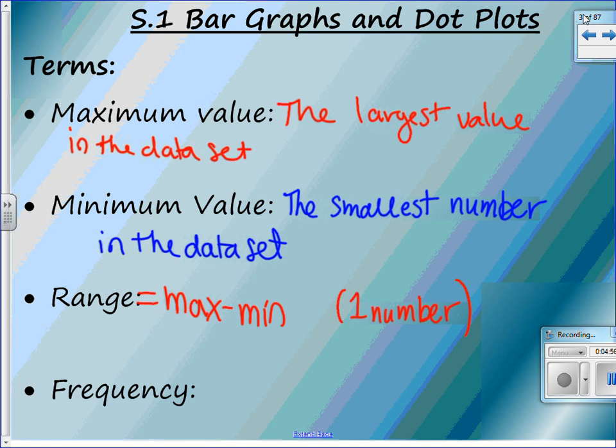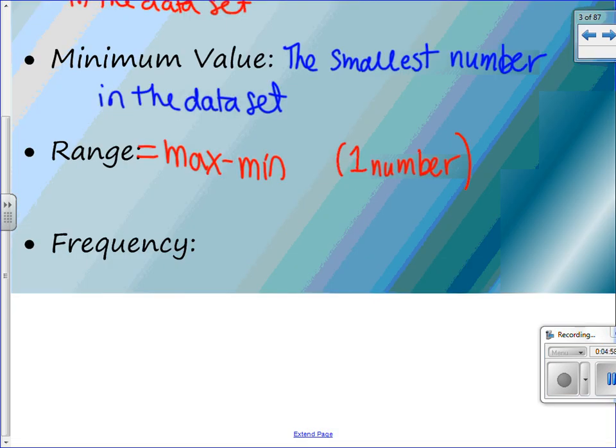So frequency is the number of times a data point occurs.